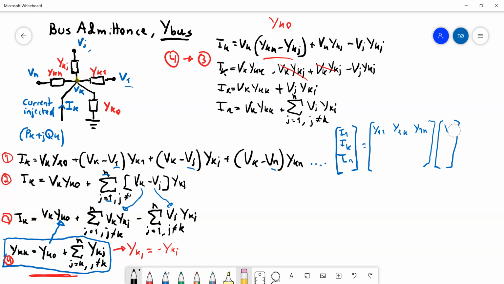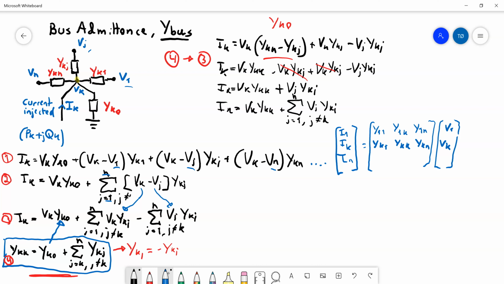And for the second row, IK is YK1, YKK, and YKN, times VK.